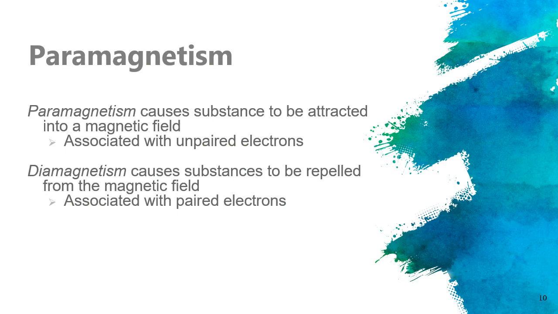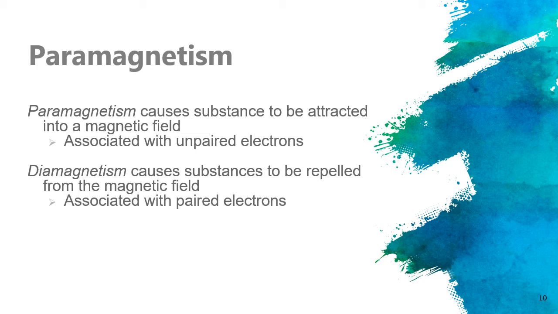In the previous video, do you still remember the question about why oxygen is paramagnetic? MOT can be used to determine the magnetic properties of a molecule. By definition, paramagnetism causes a substance to be attracted into a magnetic field, which is associated with unpaired electrons.